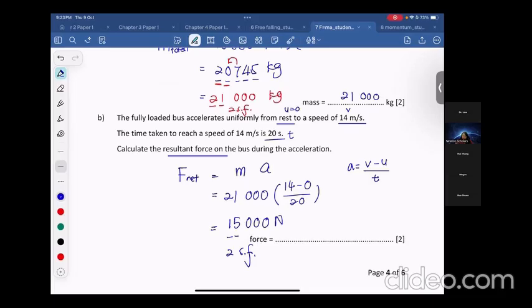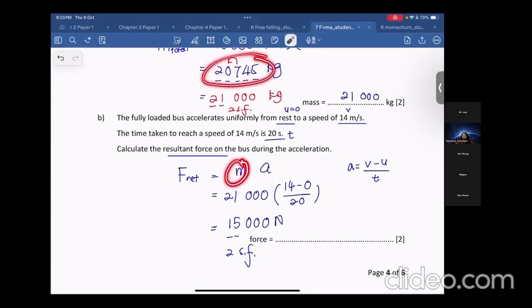Okay, you might be saying, teacher, so the M here, should I use 20,745? If you put it here, doesn't matter. After you round to two significant figures, you will get the same final answer. That is the reason why IGCSE final answers are made two significant figures.